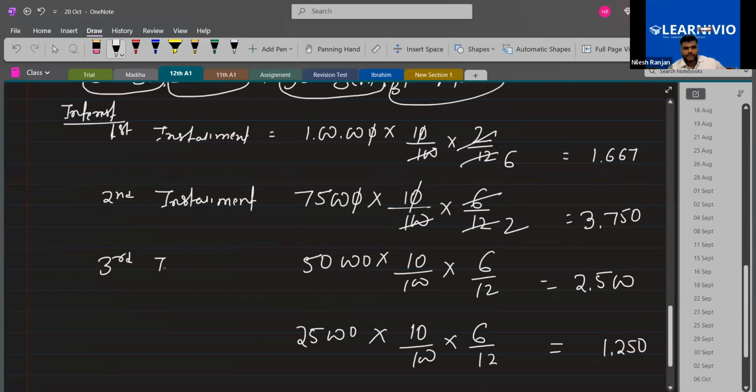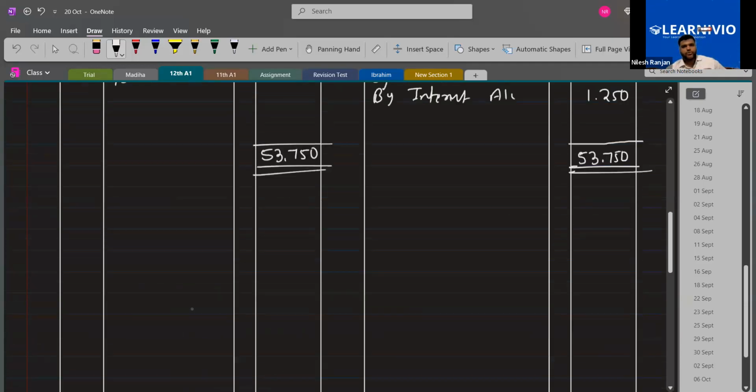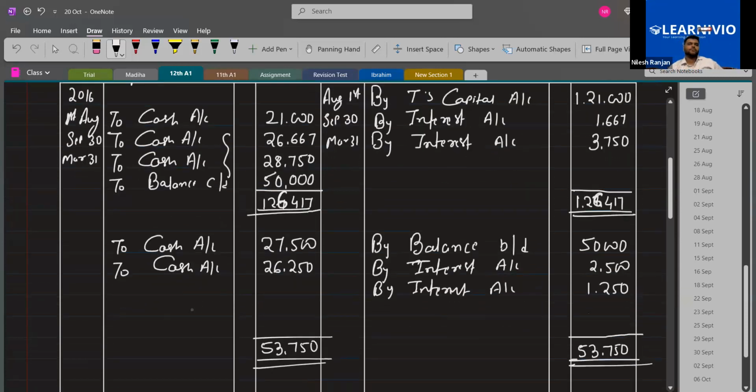Yeah, wait. This is your solution. So why you have written two cash, two cash, two cash?